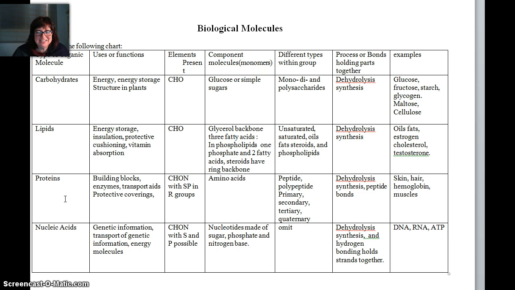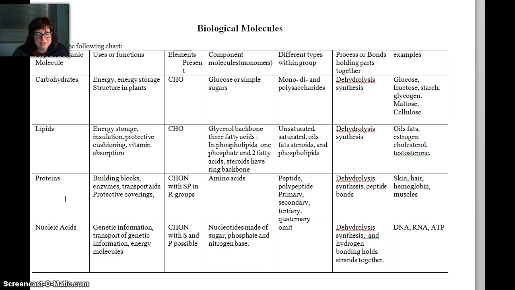You put amino acids together, you get a peptide. You put many peptides together, you get a polypeptide. And then as the polypeptides and the proteins grow, they have the primary sequence, which is the list of the amino acids. Secondary has to do with coiling and pleating. Tertiary, they become a glob. And quaternary, they're a multi-globular protein, such as hemoglobin.